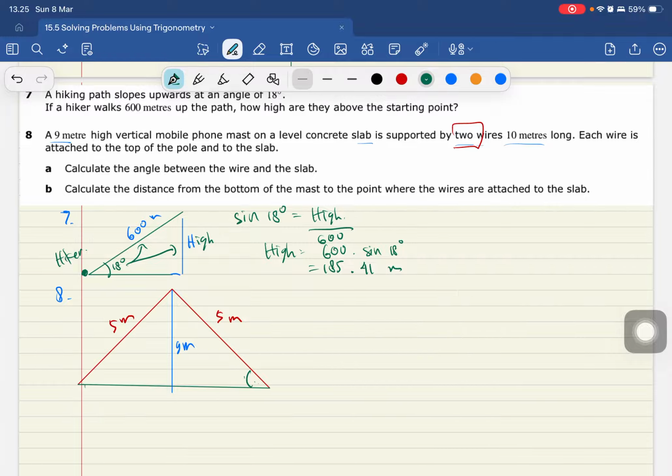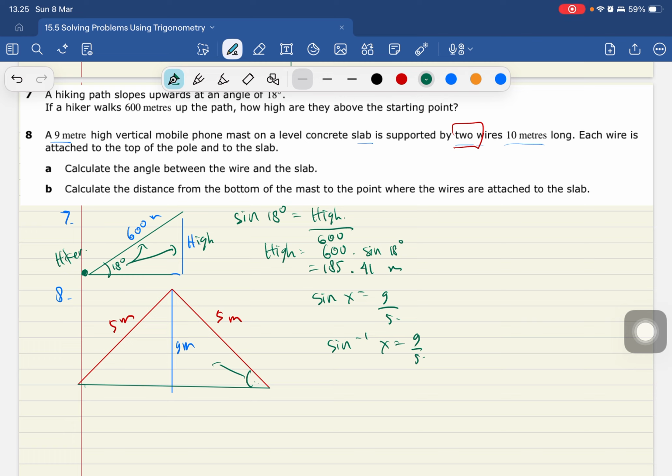Okay, this angle we need to calculate. Look at the opposite of the angle, so we can just use sin. sin x equals opposite, which is 9, divided by 5. Then you can use a calculator with sin inverse, 9 over 5.